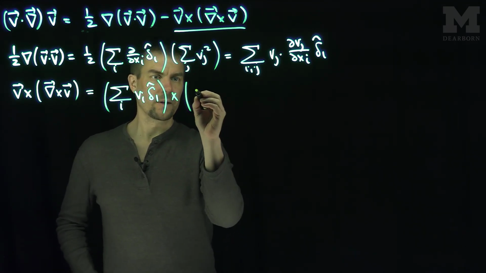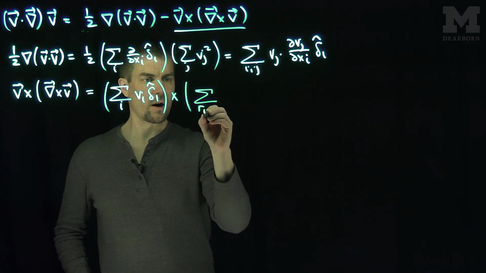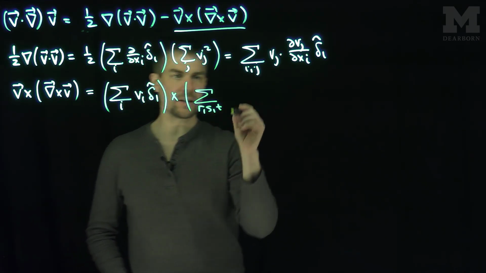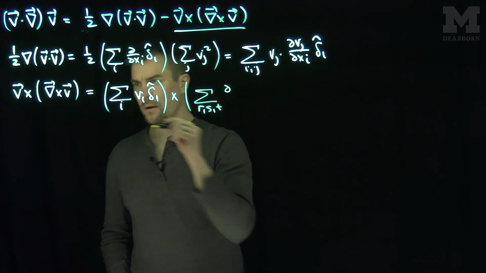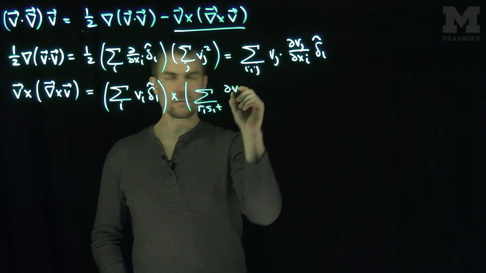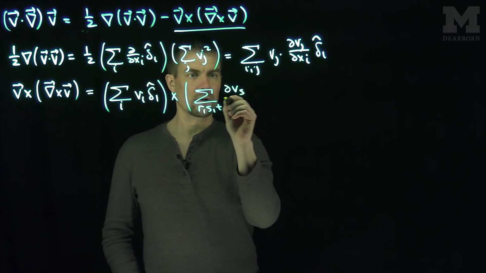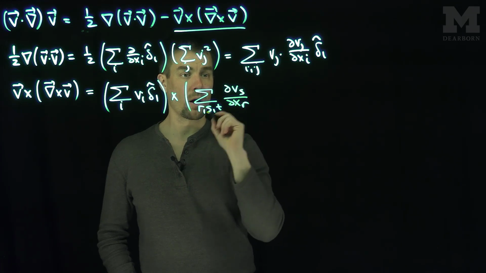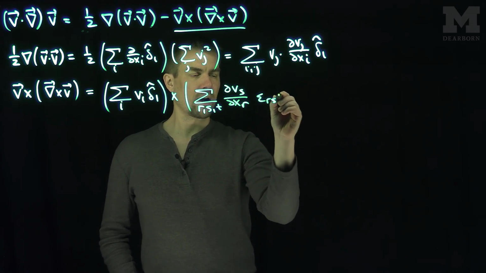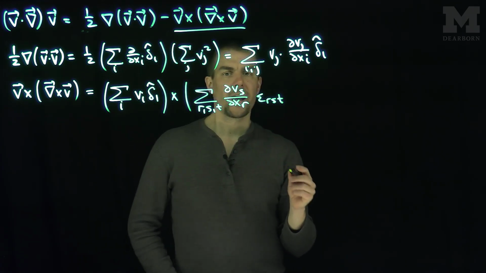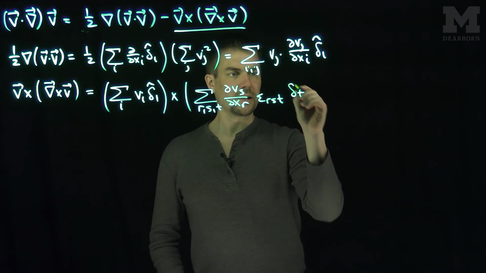And what's the curl of v? It's the sum over r, s, and t of partial vs partial xr, epsilon rst, and then a t hat.